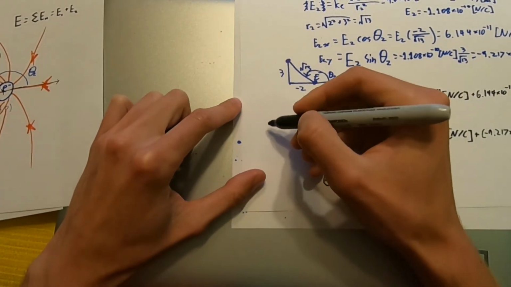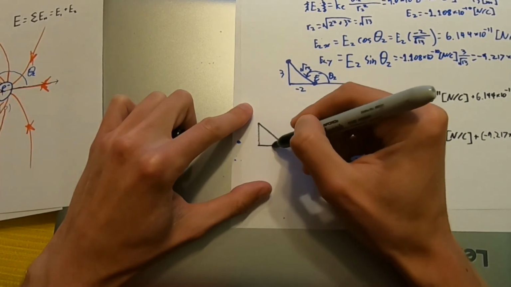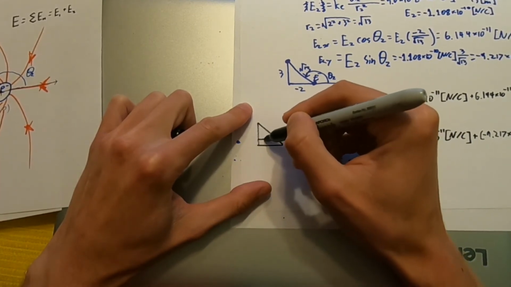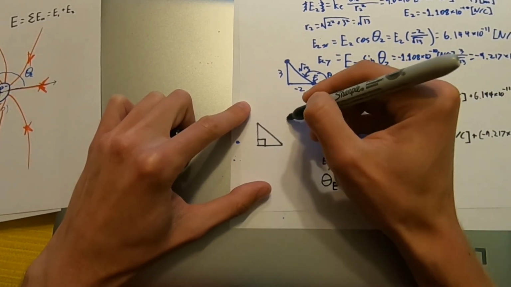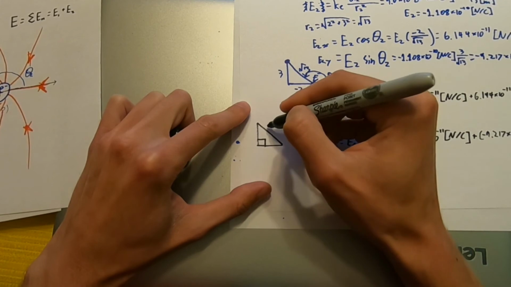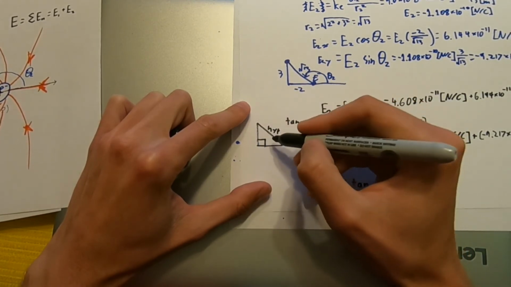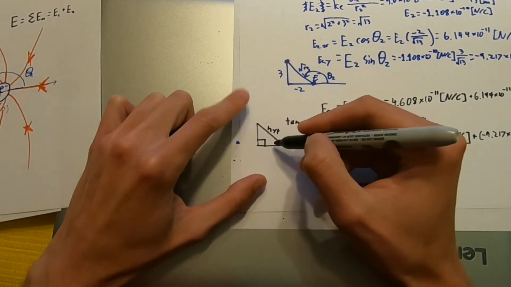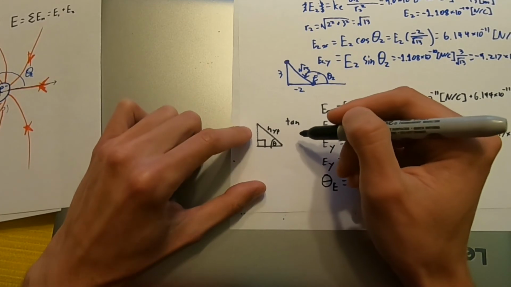Drawing our right triangle here, this is our right angle, we've got our hypotenuse, and let's say this is our angle theta.